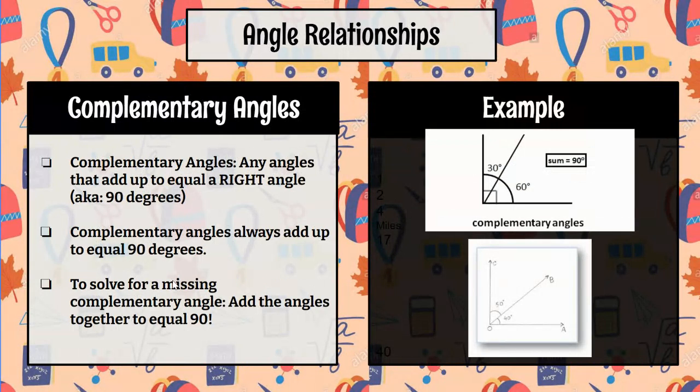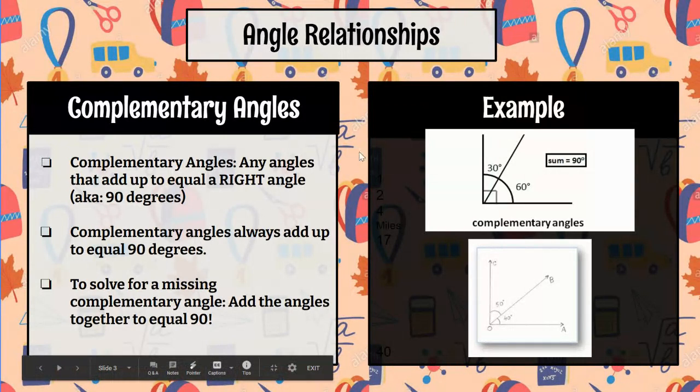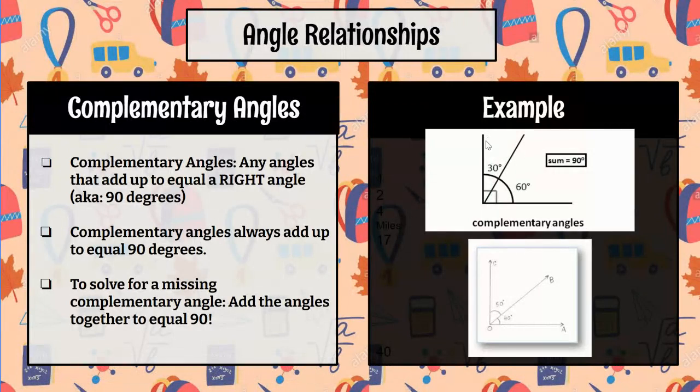Then we've got complementary angles. Complementary angles are any angles that add up to equal a right angle. Remember, we talked about right angles adding up to 90 degrees, and right angles look like an L. Notice here's an L. This is a right angle in total, and then I've got two angles here. Those would be complementary angles to each other.